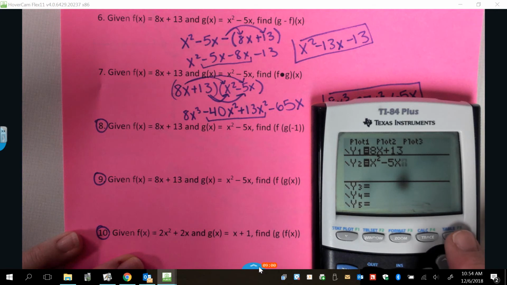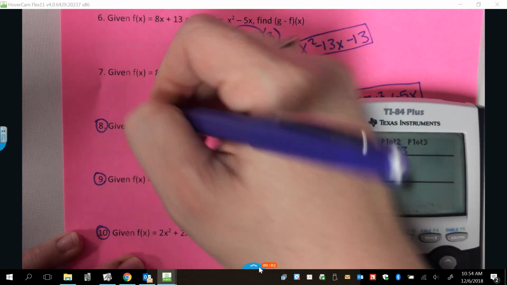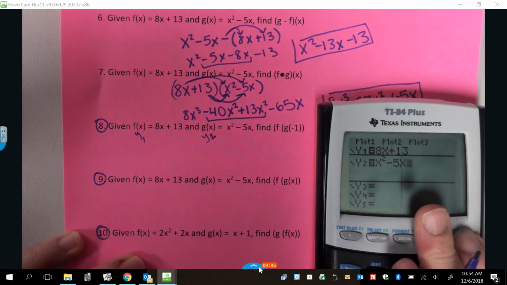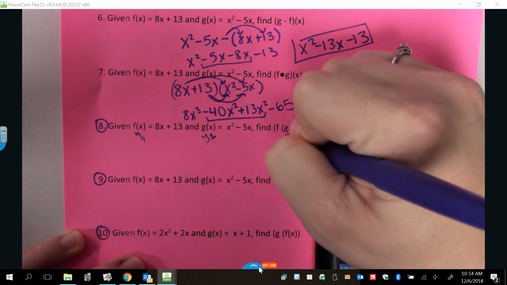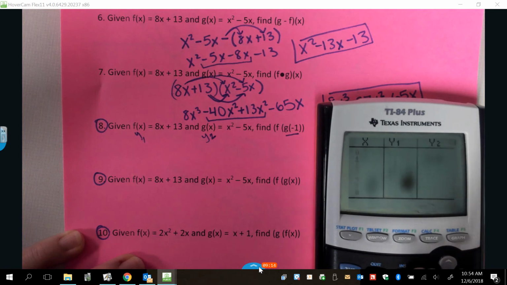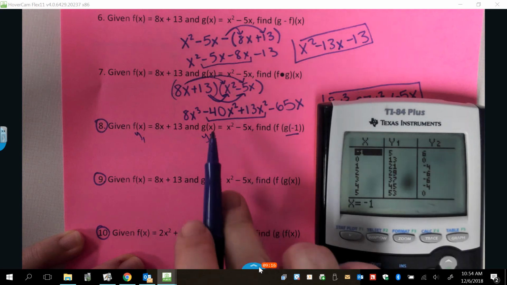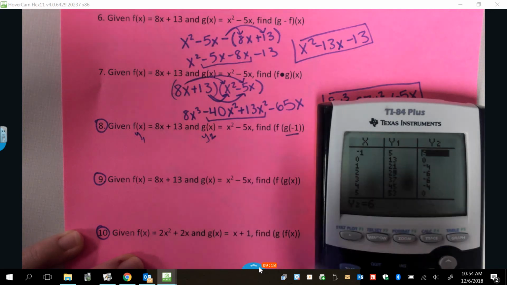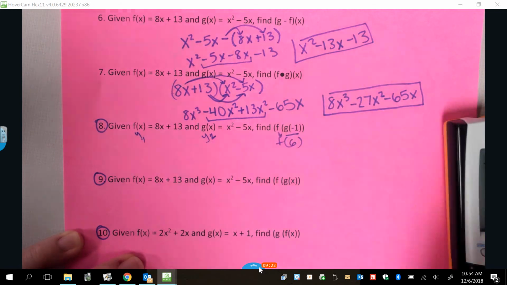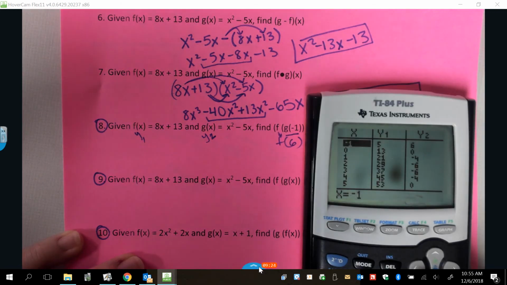Okay, I put this on y1, this on y2. Okay, and I'm going to go to my table. So I'm looking first for g of negative 1. Sorry, I went to the graph on accident. G of negative 1. So negative 1, g is in my y2, so that's 6. And then bring down my first letter, and now I find f of 6. So let's go down to 6, and f is 61.